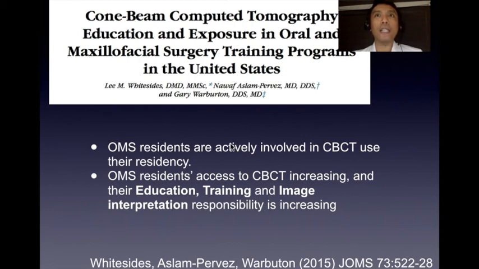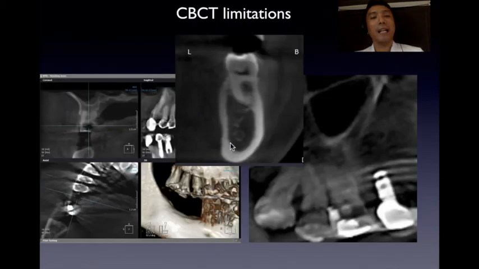So it still boils down to the ability of the doctor to properly interpret the new technology. The technology is there, it is accurate, it is very precise in certain situations. But if the doctor that owns it doesn't know how to interpret it, it would be rendered useless. Okay? Having said that, CBCT still has a lot of limitations.